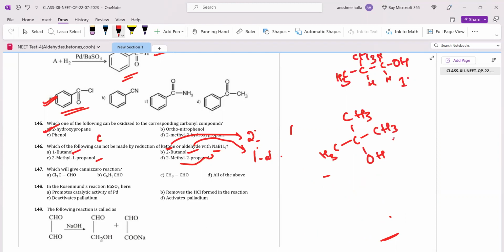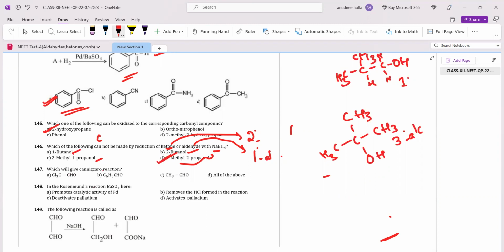Right. So this is again a tertiary alcohol. So you cannot get tertiary alcohol by either ketone or aldehyde. So aldehyde will give primary and ketone will give secondary. So you cannot get tertiary alcohol from both of these. So it's option D.